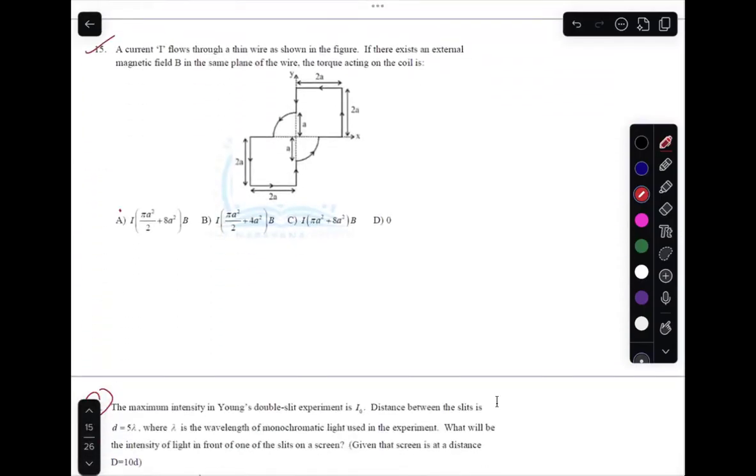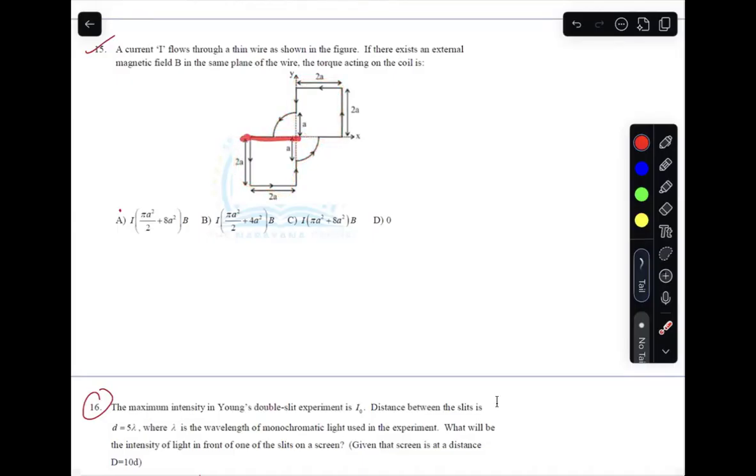15th, a current I flows through a thin wire as shown in the figure. There exists an external magnetic field, torque, or MB, torque. Magnetic moment means current into area. Only skill lies in identifying the area. What I can see here, see carefully, is square, square plus half circle.